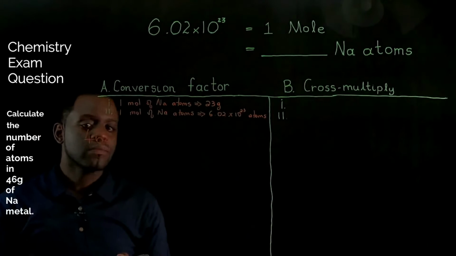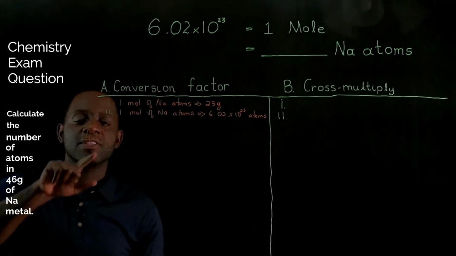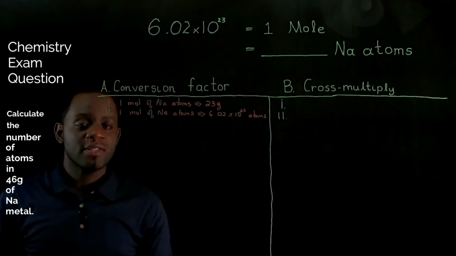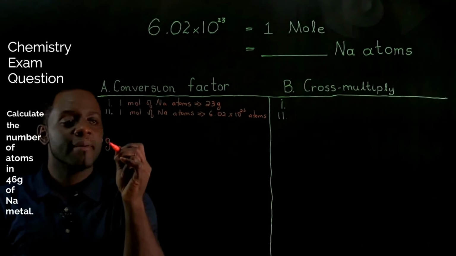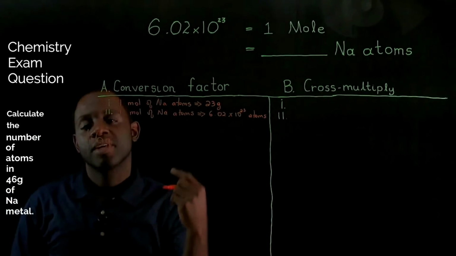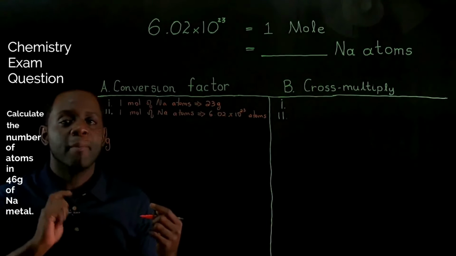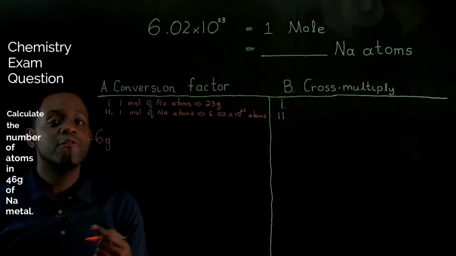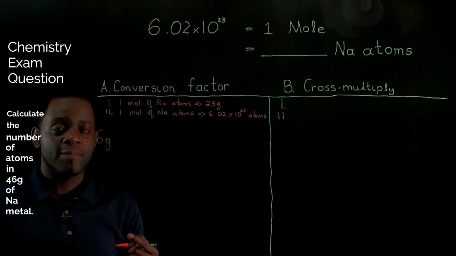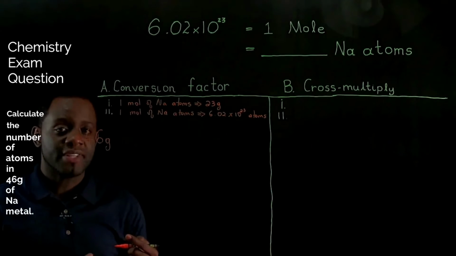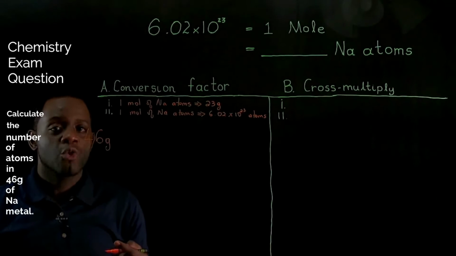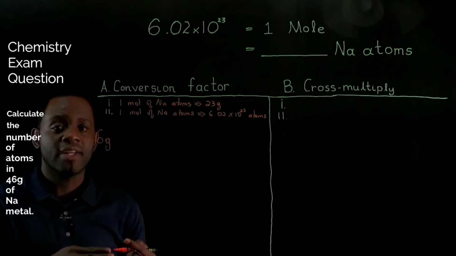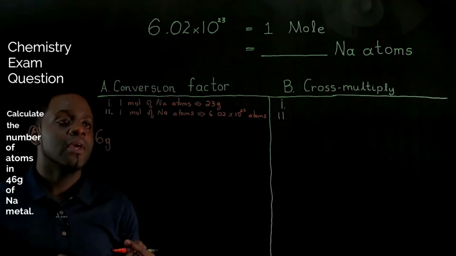Okay, so now we need to multiply this 46 by a fraction that will cause us to get rid of this gram and end up with atoms. Any number multiplied by 1 is the number. So 46 times 1 is 46. And written as a fraction, 1 can be written as 1 divided by 1.